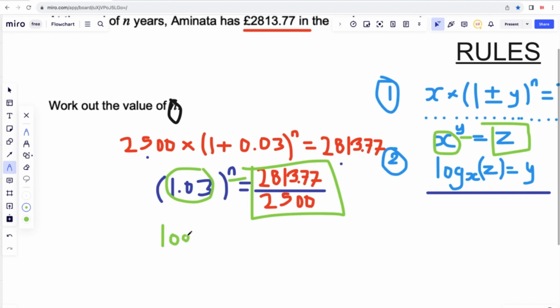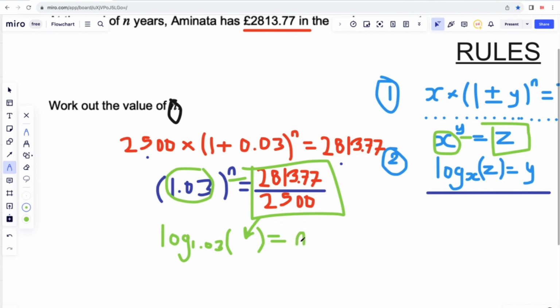Log base x, which is 1.03, of z, and z is this fraction. We put that in this bracket. I just put an arrow there because this is such a fat number, we don't need to copy that out again. Which equals y, and y is n.